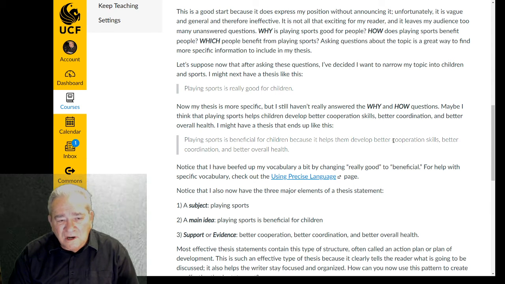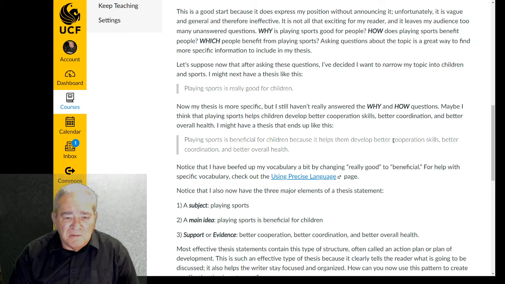So you want a clear opinion of what you're going to write on, and then you're going to provide all the examples and all the facts and all the research and answer all the questions about why playing sports is beneficial for children. It tells you in your thesis what it is that you're going to argue. Cooperation skills, better coordination, better overall health.